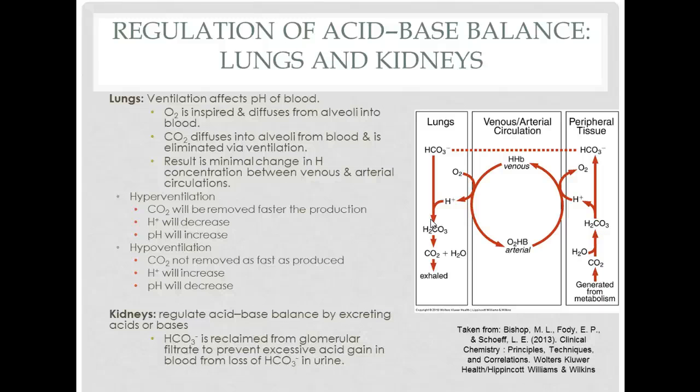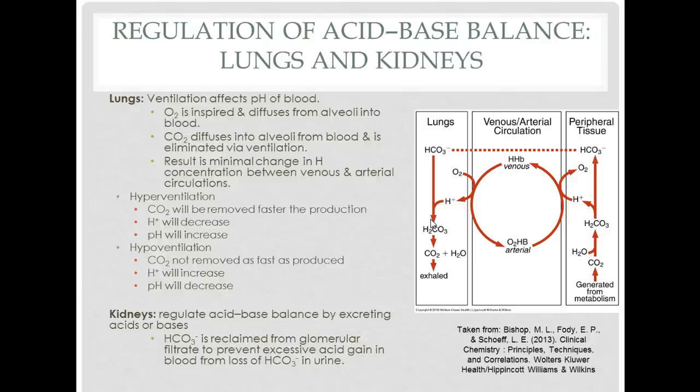So we can control the amount of CO2, which is acidic, via hyperventilation or hypoventilation in order to increase or decrease the pH. On the same token, the kidneys can regulate acid-base by excreting bicarb. It can either have you urinate out more bicarb, or it can maintain more bicarb to help bring that pH up or down.